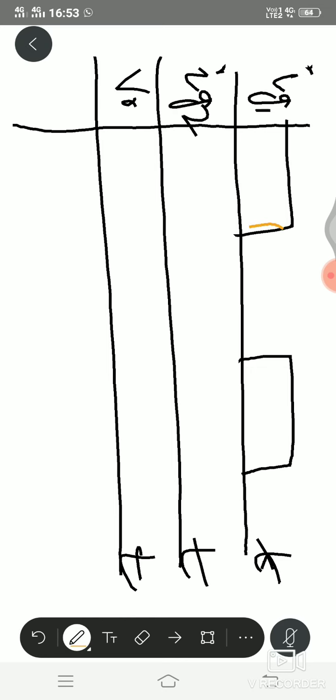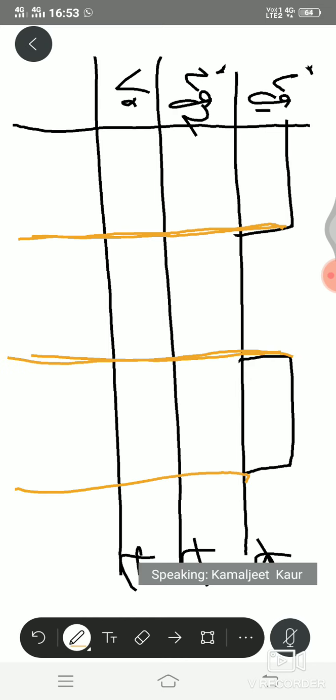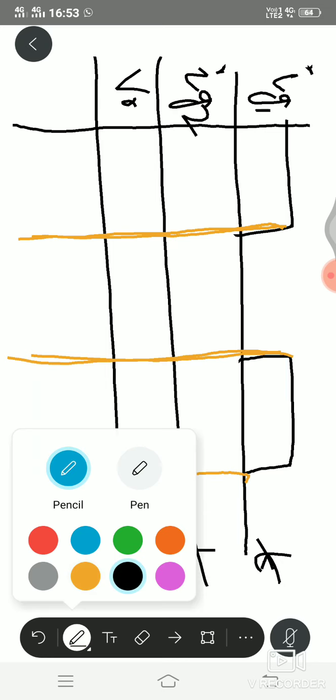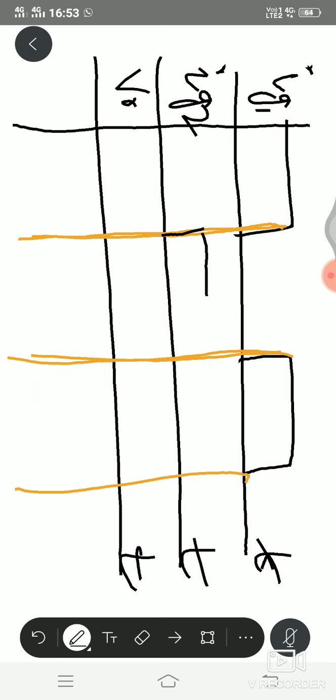Give an extension. Give the extension properly. Like this. Right? Up to this you draw.